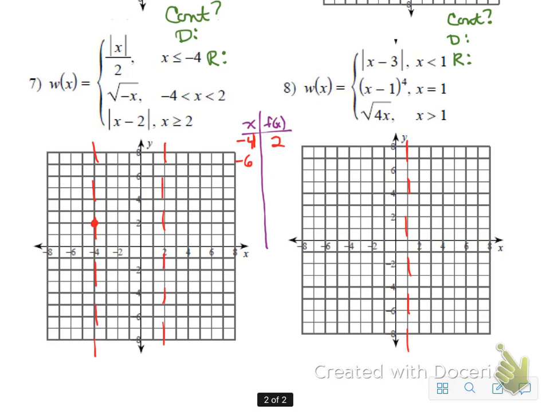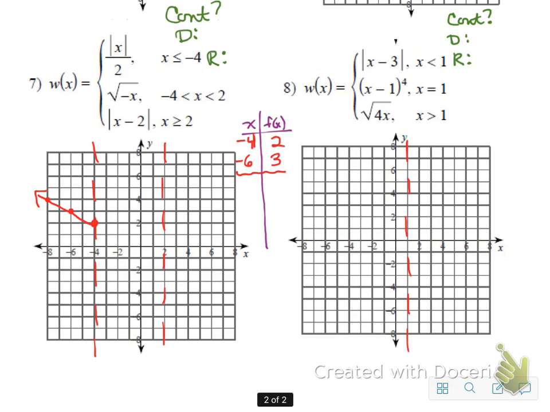So negative 6, the absolute value of negative 6 is 6, over 2 is 3. So I end up with a point negative 6, 3. Okay, and if you tried negative 8, you would get 4. Alright, so you've got this linear function there-ish. Right, it's an absolute value. There should be a v somewhere.